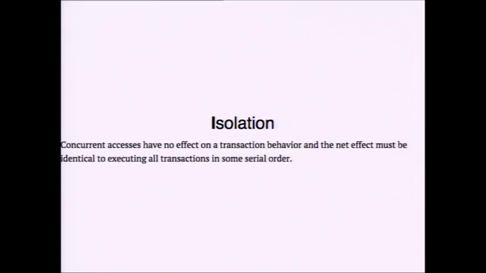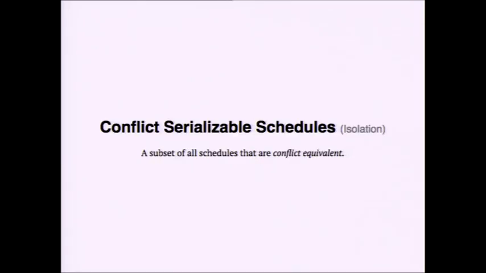And the last thing is that isolation basically means that the results of every transaction should be as if they were executed by themselves in some serial order without anything else going on. So everything we're going to talk about is in terms of enforcing mostly atomicity, consistency, and isolation. The durability stuff is covered by Aries.